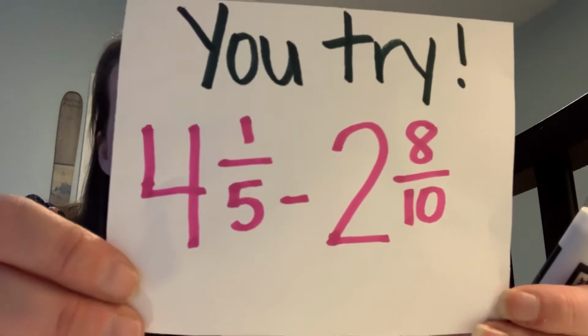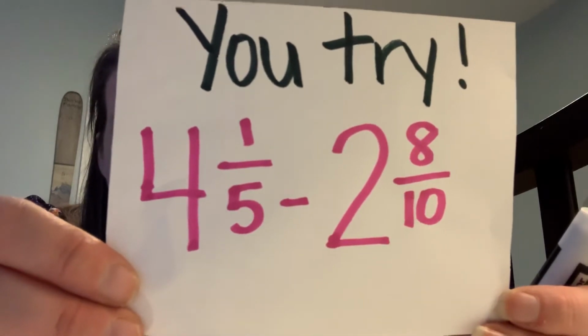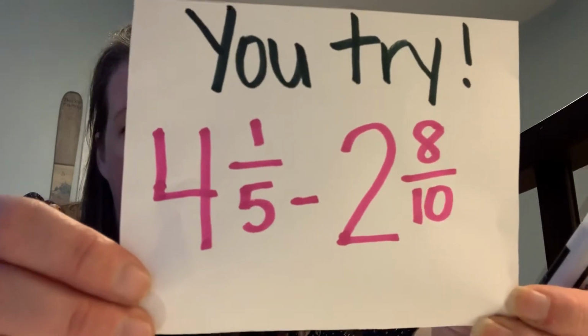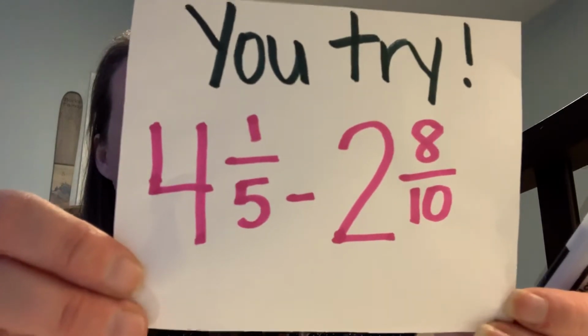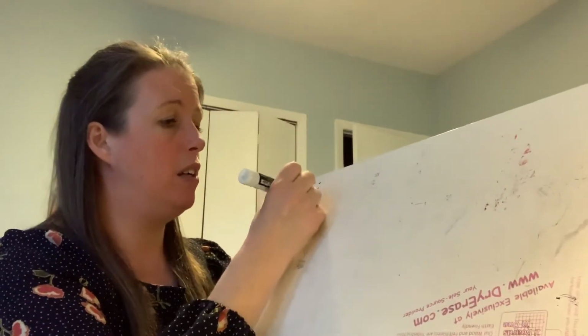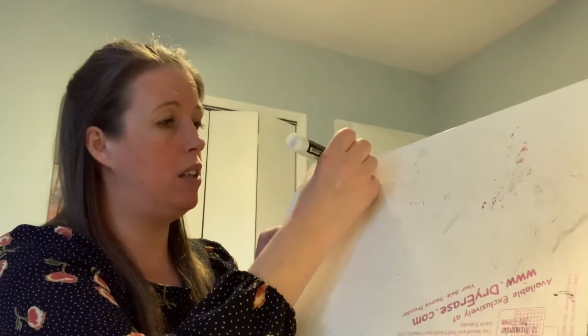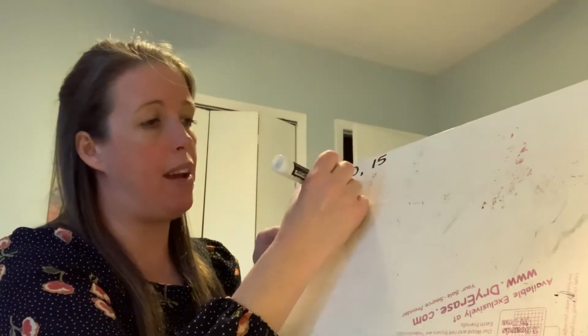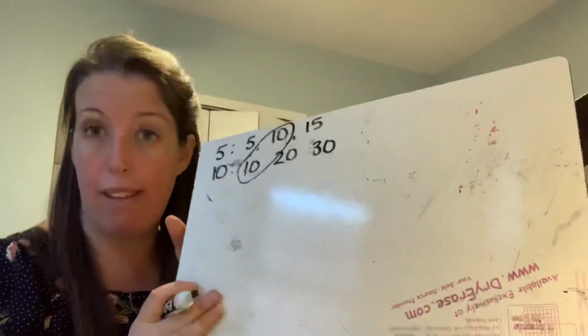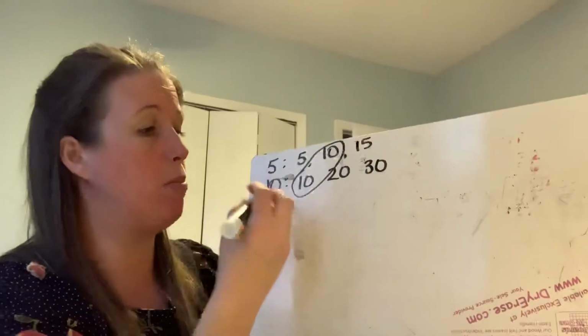Okay, so I'm moving quickly, but just pause the video if you're not ready to go over it. But we're going to start going over it. You should have found your common denominator. Hopefully you listed your multiples. And you should have gotten 10 as your least common multiple.